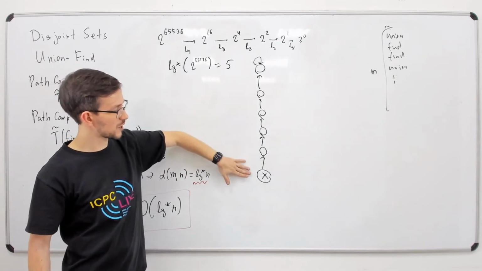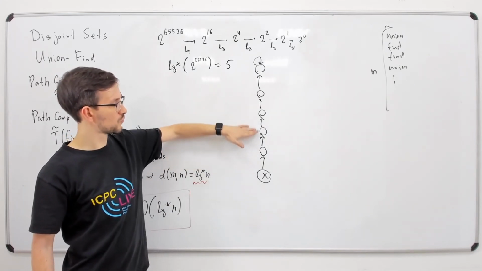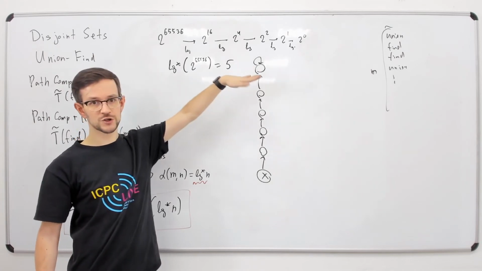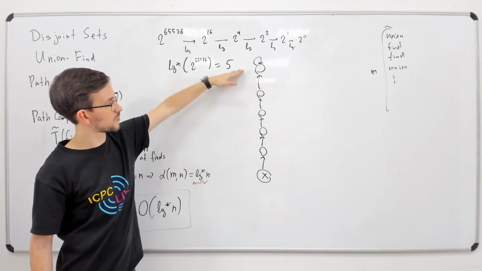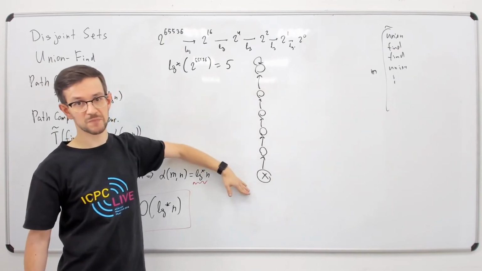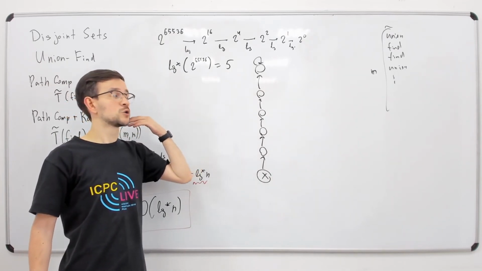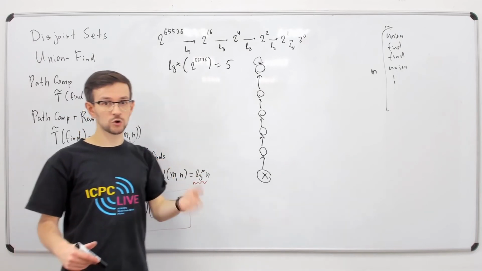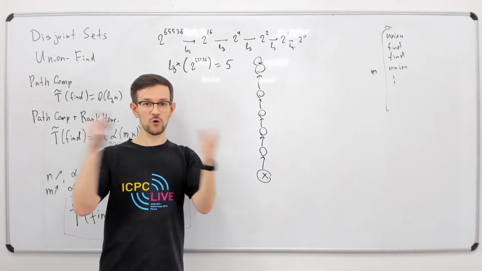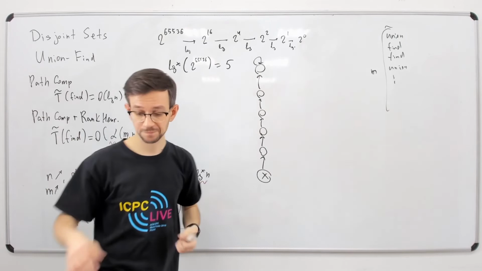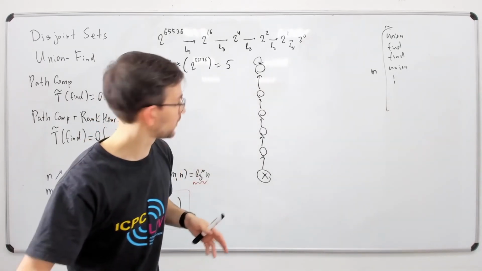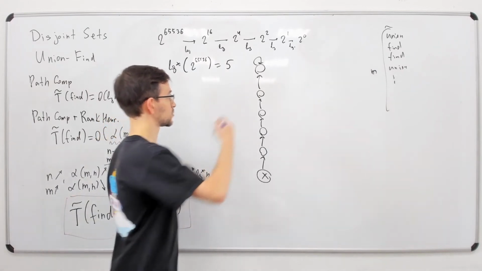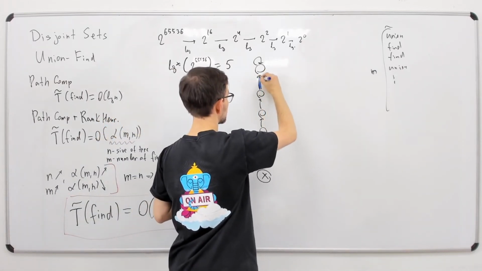You start from element x and then move to the parent until you reach the root of the tree. So the time complexity is formed by the length of this path. So what will we calculate? We'll calculate the total length of all these paths. Okay. First, let's look at this last edge. This last edge is special.